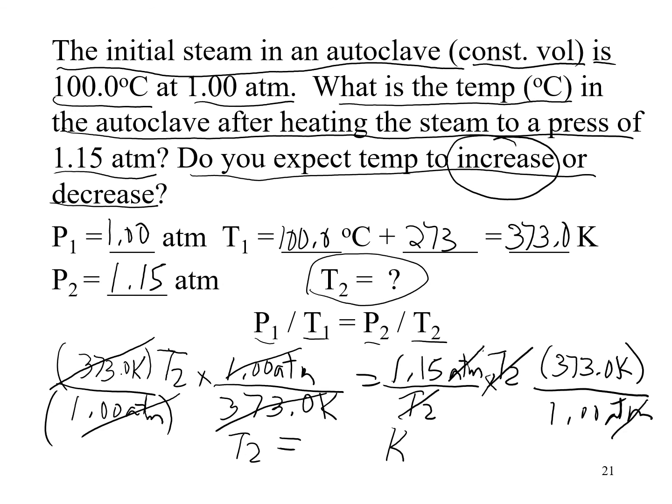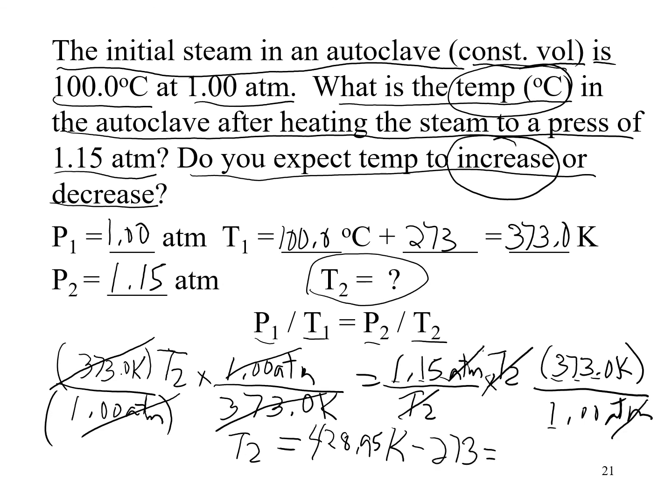So then we do our math, 1.15 multiplied by 373 and then divided by 1. And when I do that, I end up with Kelvin is equal to 428.95. Now our question was looking for the temperature in degrees Celsius. So we need to convert Kelvin to Celsius. So we will subtract 273.